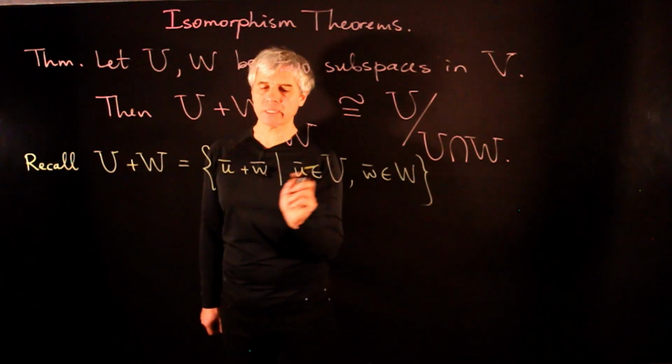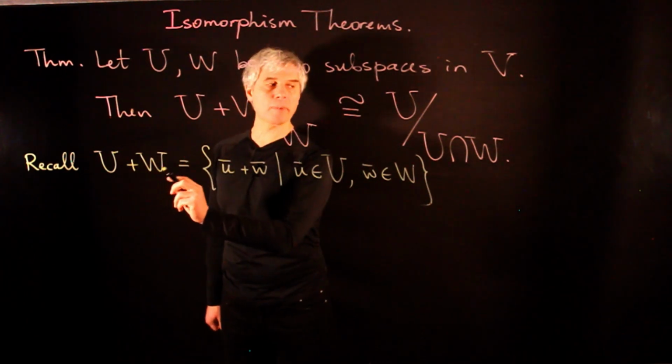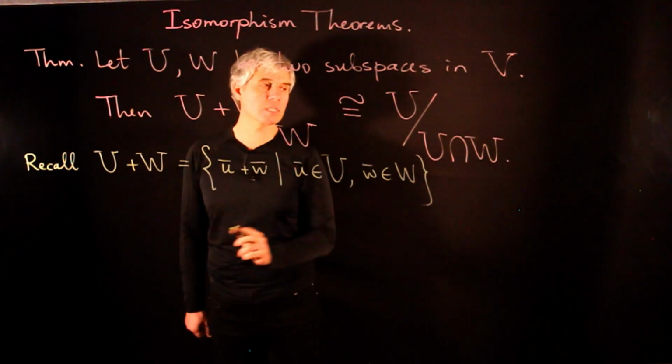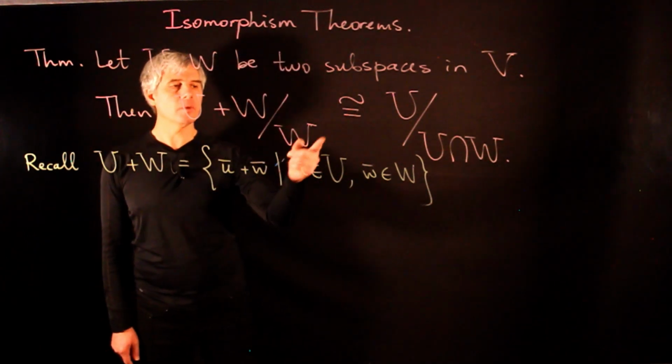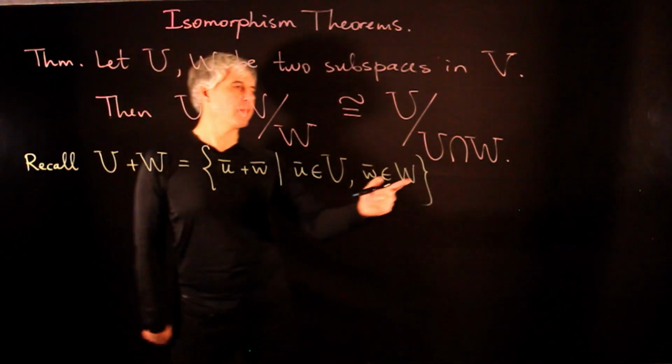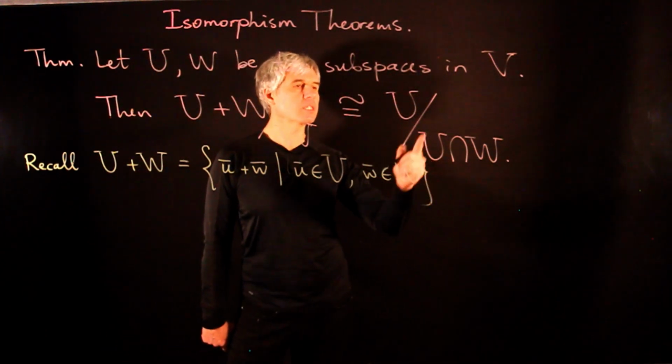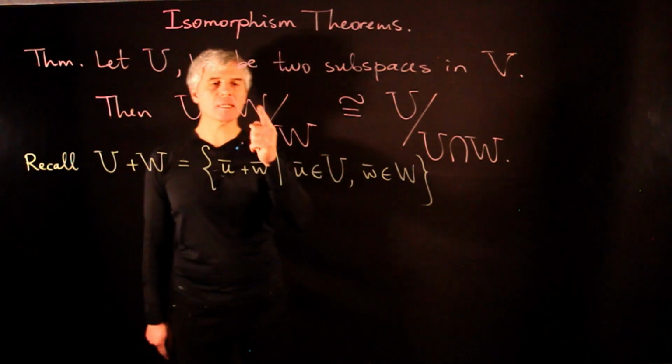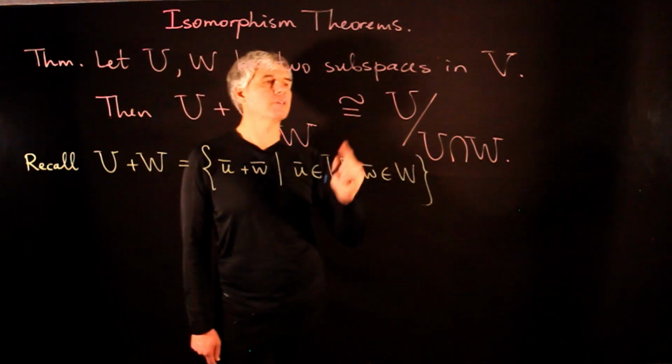And this is a more relaxed case when these two subspaces may have a non-zero intersection. So here we have that W is a subspace inside U plus W, and the intersection of U with W is a subspace inside U. So this tells us that these quotient spaces are well defined.